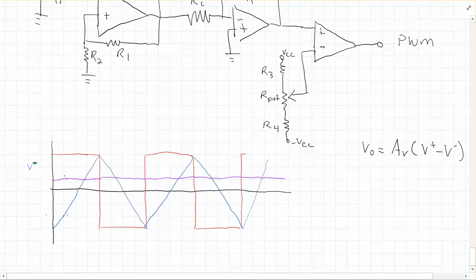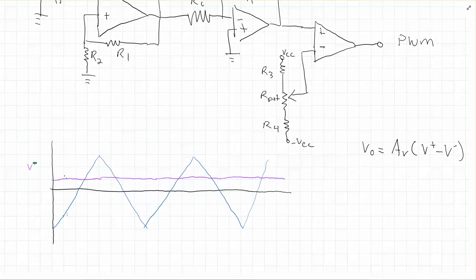This is actually going to get a little too ugly, so I'm going to erase my square wave out of here carefully. Okay, so triangle wave and then my V minus.